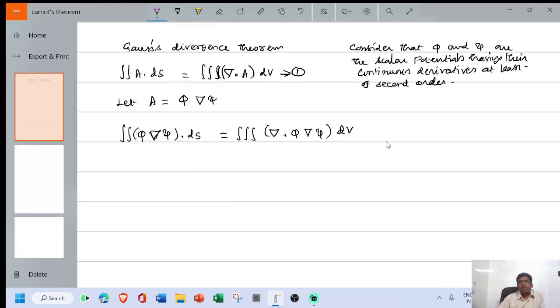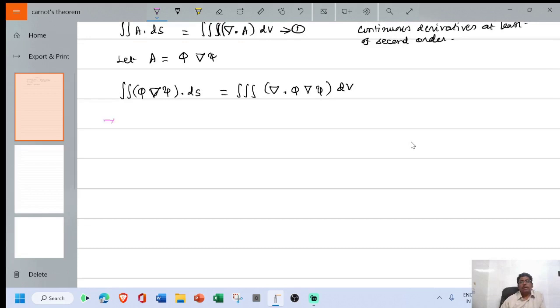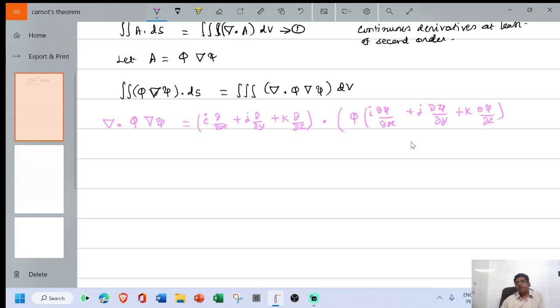Now we have to find the value of del dot phi grad psi. The gradient operator is i dou by dou x plus j dou by dou y plus k dou by dou z, and it is allowed to operate on psi.